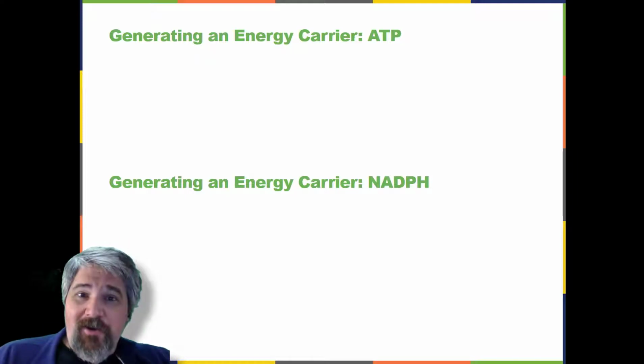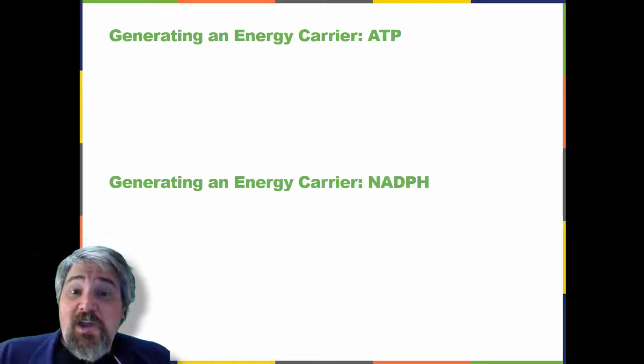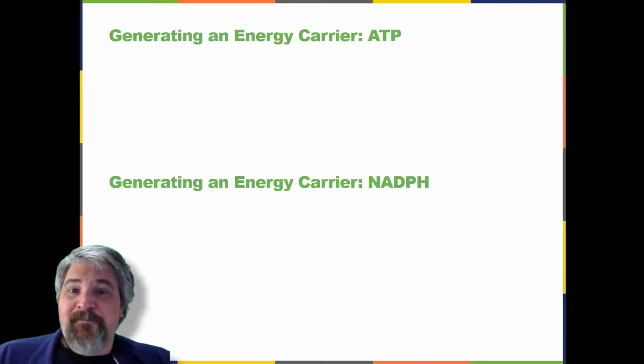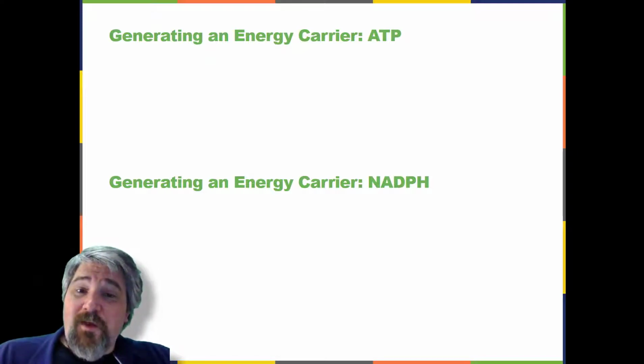Generating an electron carrier, ATP. In the light-dependent reactions, energy absorbed from sunlight is stored by two types of energy carrier molecules, ATP and NADPH. The energy that these molecules carry is stored in a bond that holds a single atom to the molecule.